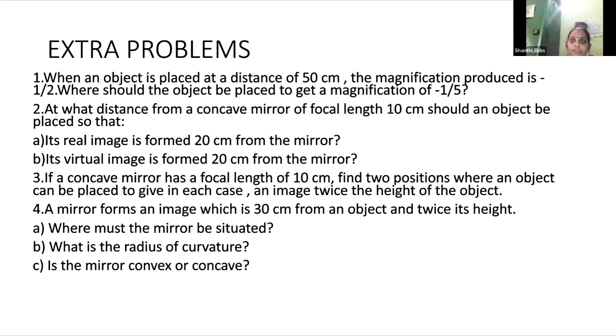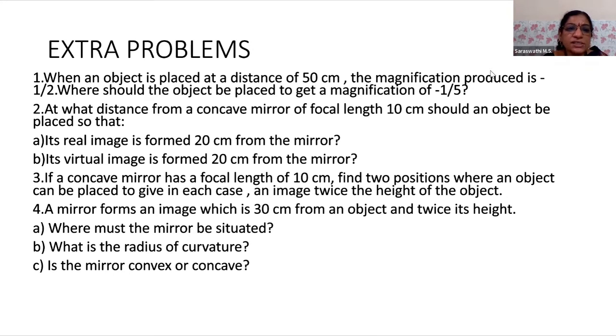What is given here? u is given to be minus 50. The magnification produced is 1 by 2, right? Yes, ma'am. Magnification is 1 by 2. Where should the object be placed to get a magnification of minus 1 by 5?